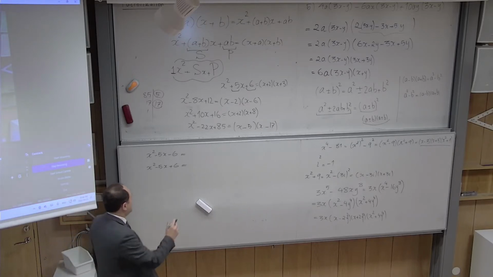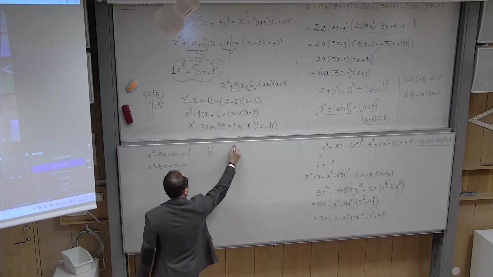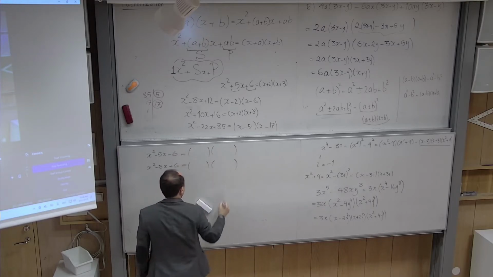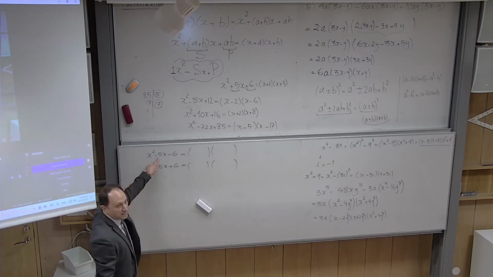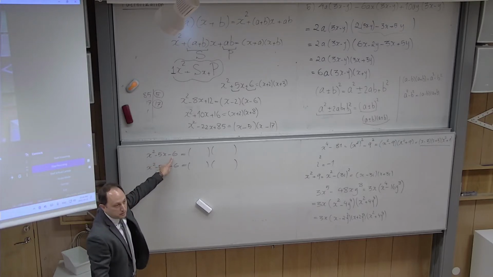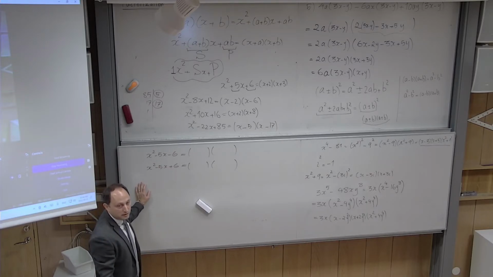So what is the first one? You need 2 numbers whose sum is negative 5 and the product is negative 6. What are those numbers? Negative 6 and positive 1.